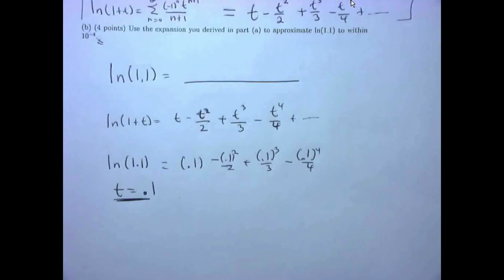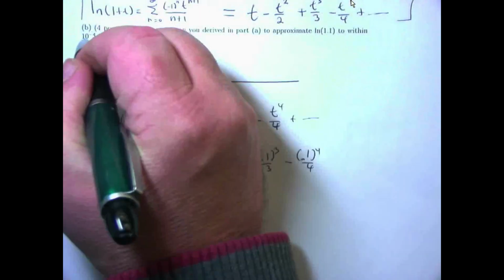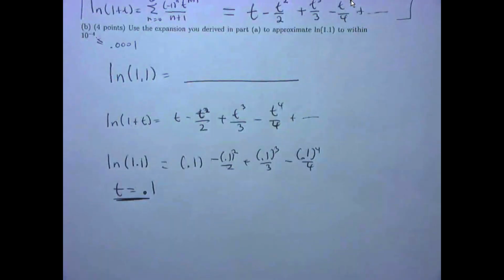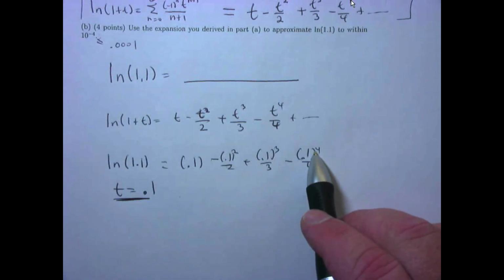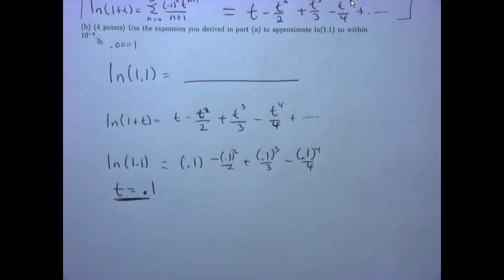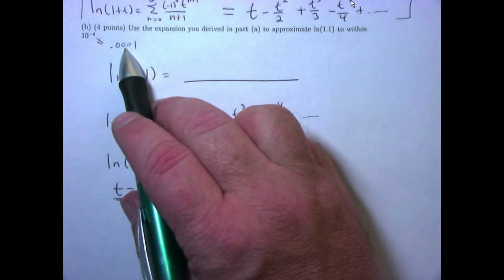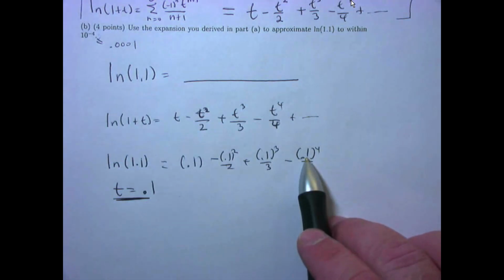What exactly is 10 to the negative 4? That is 0.0001, four decimal places to the left, right? If I take 0.1 and raise it to the 4th power, that's 0.1 times 0.1 times 0.1 times 0.1. That right there is already less than that error. So I'm already within my tolerance if I go out to 4 terms.